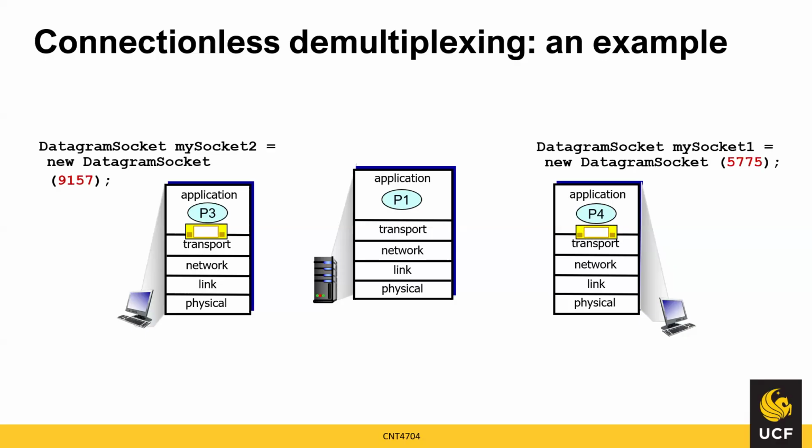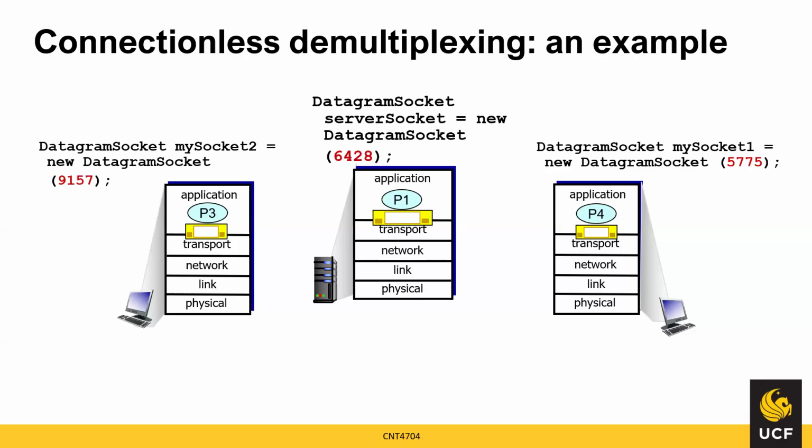On the right-hand side, we have another client, P4, and we give it a local port number, 5775. In the middle, we have P1, with a port number 6428. P1 and P3 will communicate with each other, and P1 and P4 will communicate with each other. Why does P1 communicate with both processes? Because here it's the server, the one that we ping for our request.